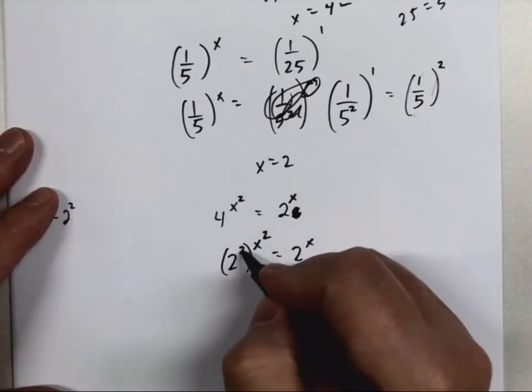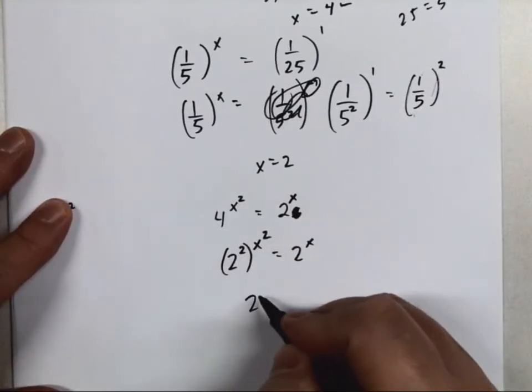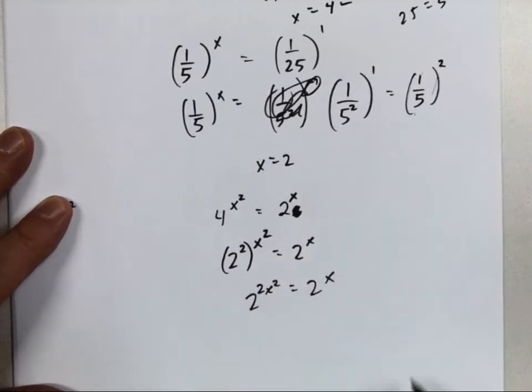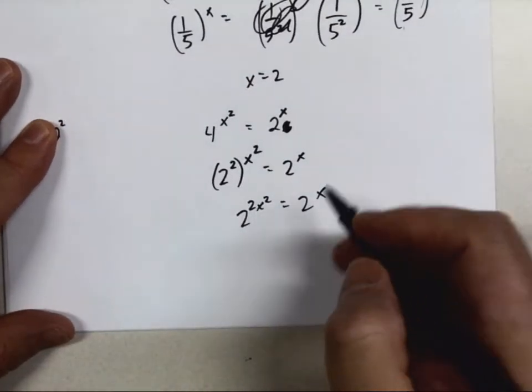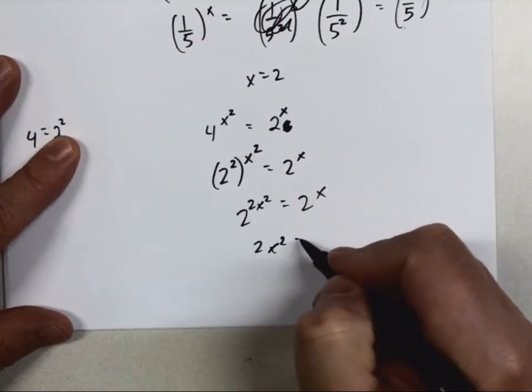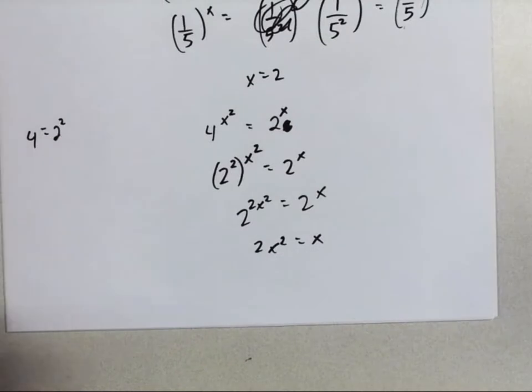Then exponent rules are, I can multiply these, right? So it becomes 2 to the 2x squared equals 2 to the x. And now that I do have the same base, 2x squared equals x.